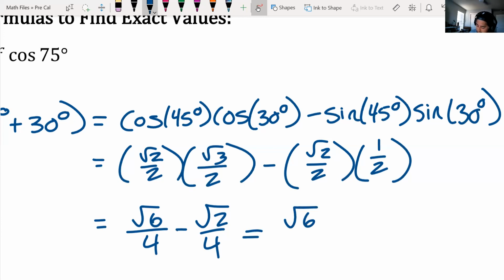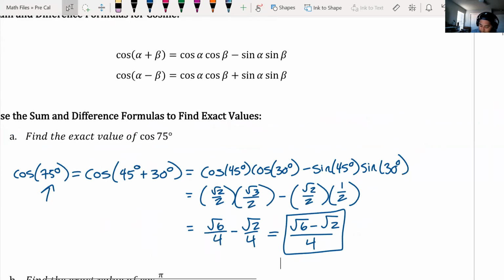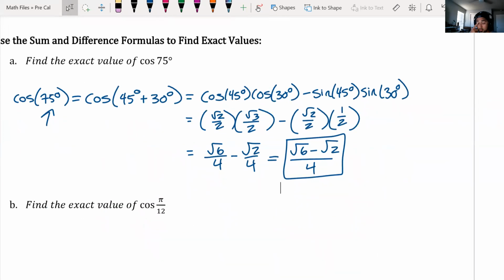So it'd be square root of 6 minus square root of 2 over 4. Any questions on that? And that is the exact value of the cosine of 75 degrees.